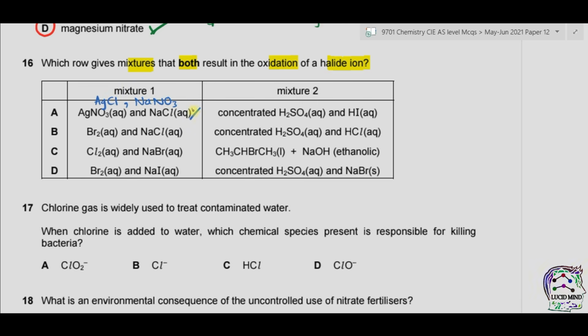So therefore it is not this one. For the second reaction, we have sulfuric acid aqueous and hydrogen iodide aqueous. These can react together to form iodine, sulfur dioxide and water. The oxidation state of iodide has changed from -1 to 0, so therefore this is oxidation.